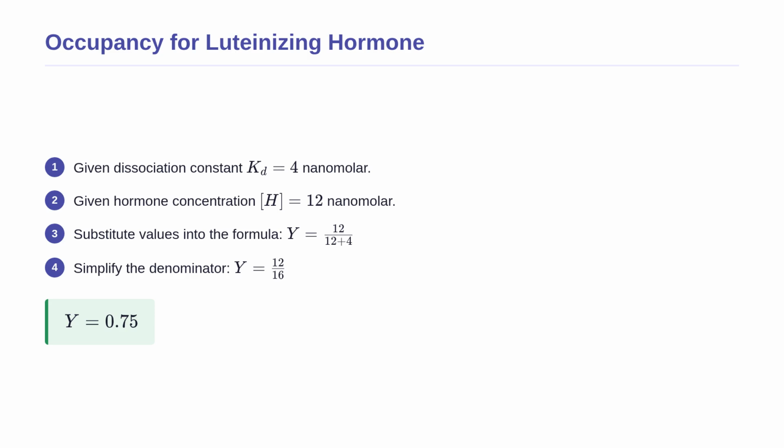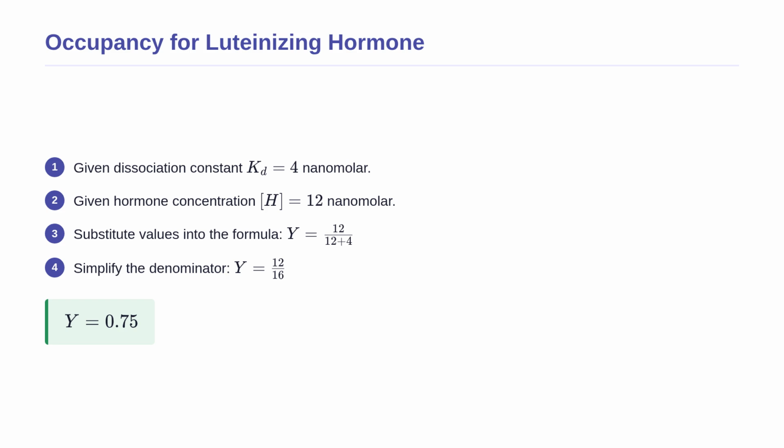Now that we have our formula, let us apply it to a real scenario involving luteinizing hormone on the Leydig cells of the testes. We are given a dissociation constant of 4 nanomolar and a current hormone concentration of 12 nanomolar. We want to find the fraction of occupied receptors.